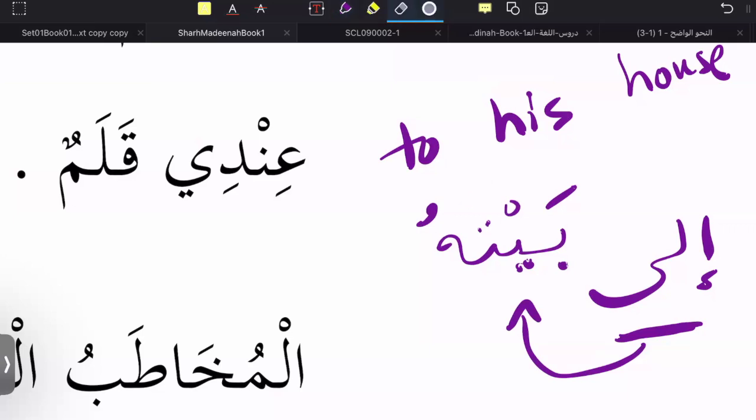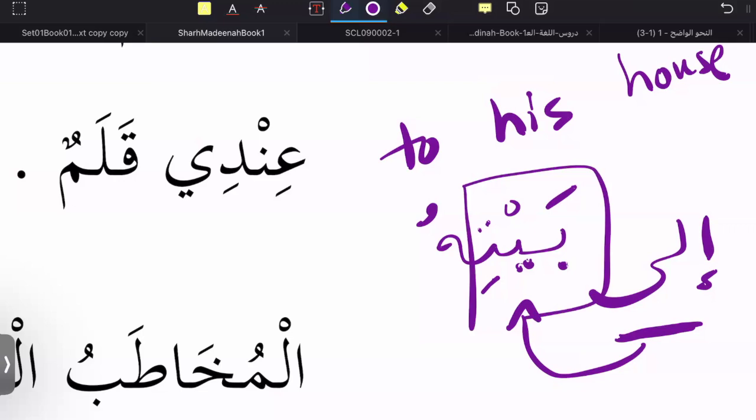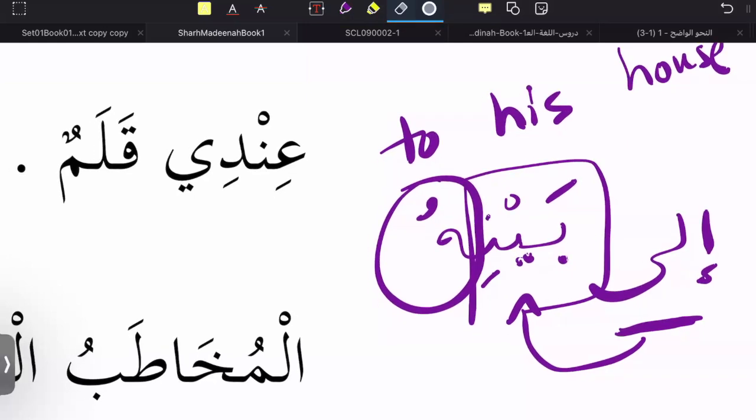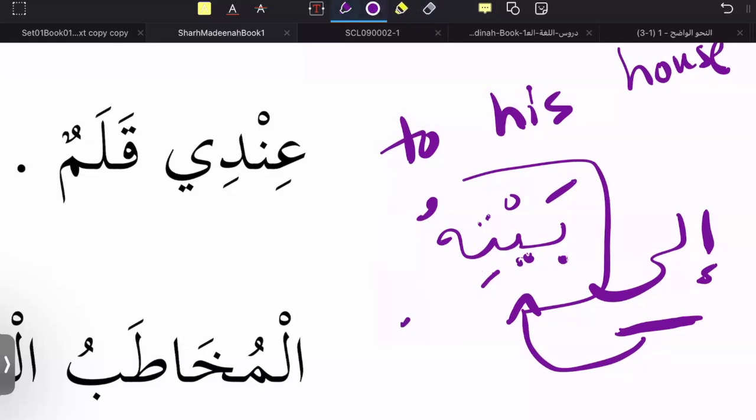So from dhamma, we have to put a kasra, just like what we learned in the genitive case. This is an idafa. The first word of idafa will take whatever haraka it needs. And the second word is supposed to take a kasra, but what did I say? Hu is a pronoun. You never change the pronouns. This is in the state of kasra, but we cannot put kasra. I don't want to go into the technical term here, but just know that pronouns we cannot change. It will always remain this way.